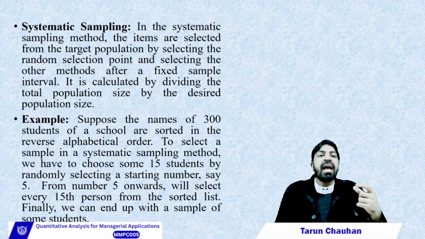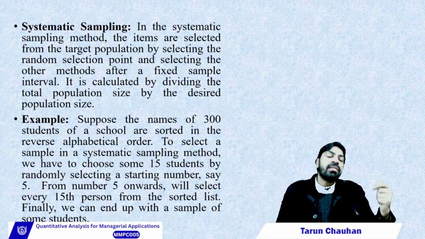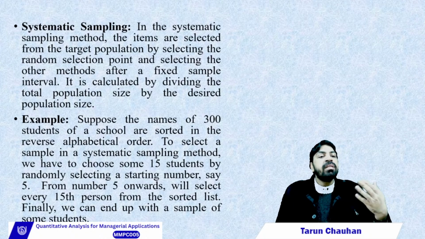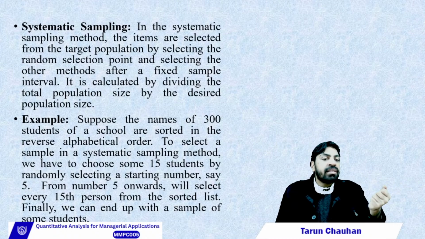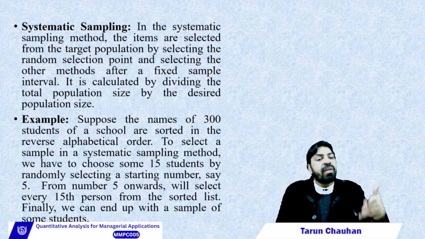So we have selected a difference of 5, and that is called systematic sampling. That is the major difference from simple random sampling, where we randomly decided a gap of 2, 5, or 10.